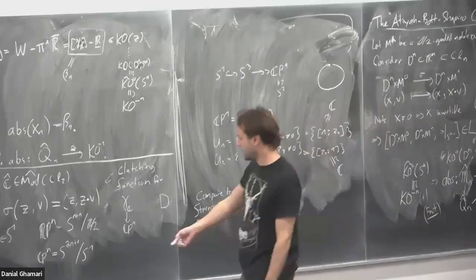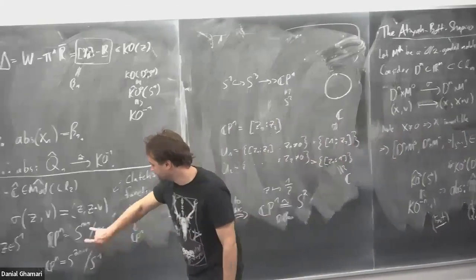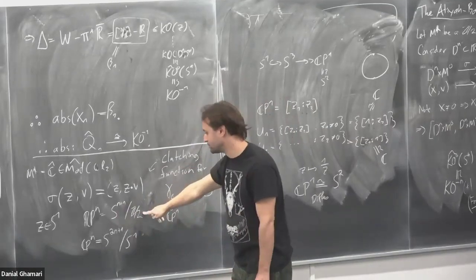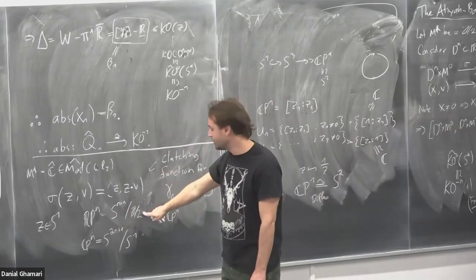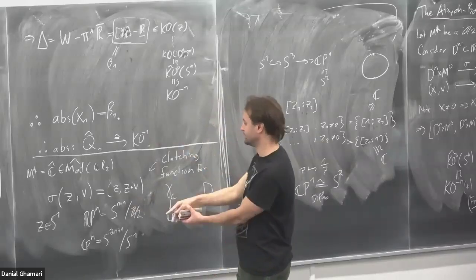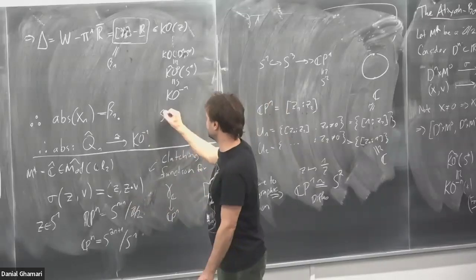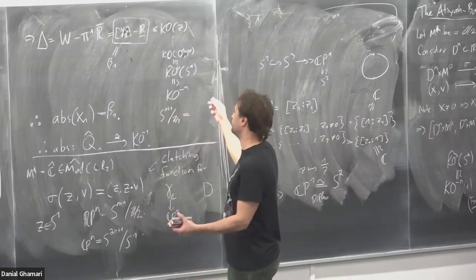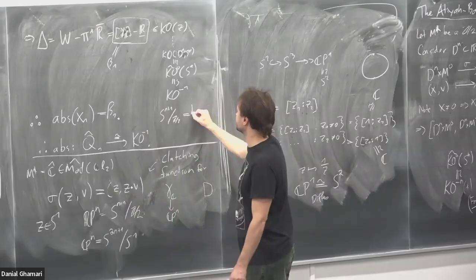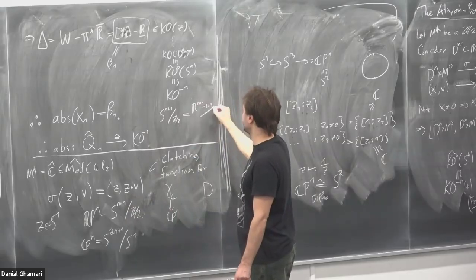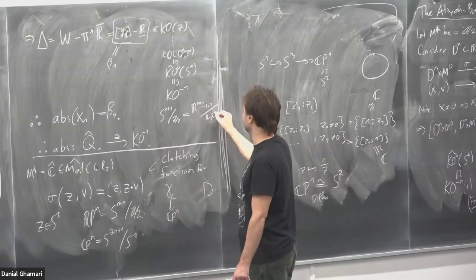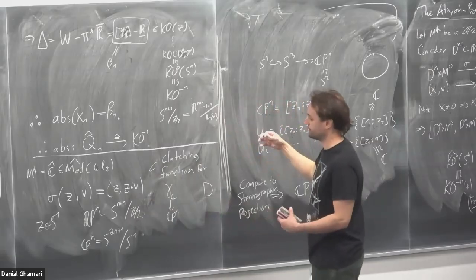Instead of taking Sn plus 1, I could take all non-zero vectors, and then mod out by all non-zero scales, so that two points are equivalent if they're on the same line.